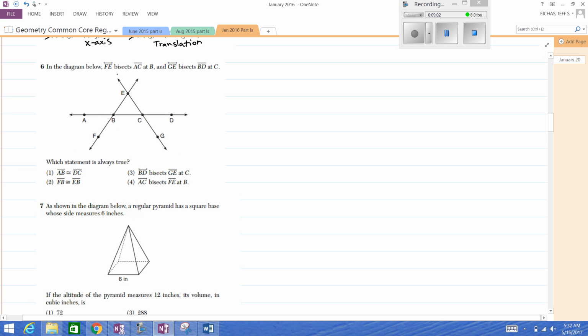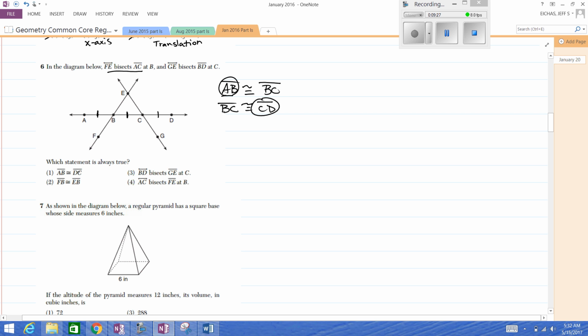Okay, FE bisects AC. So these are the same. AB is the same as BC. From that, GE bisects BD. Okay, well, BC is congruent to CD. They're probably getting this. Those two are the same.